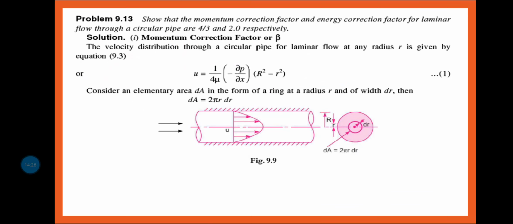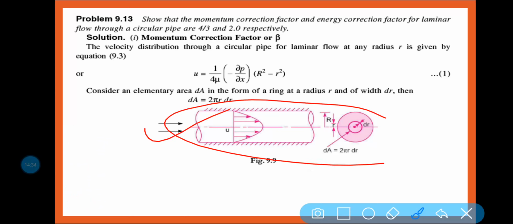And you know the velocity distribution function for the circular pipe. In this circular pipe a small strip is taken inside the pipe, and u is equal to 1 by 4 mu into minus del p by del x into (R square minus small r square). So this is the function.